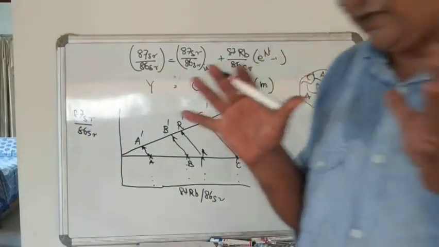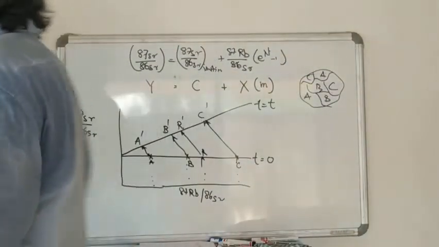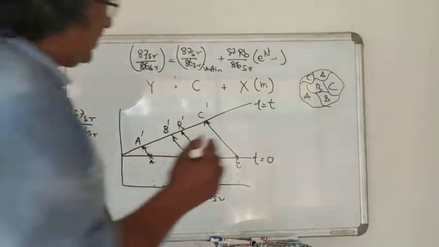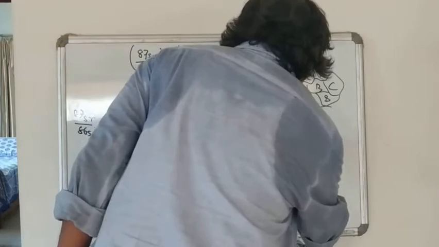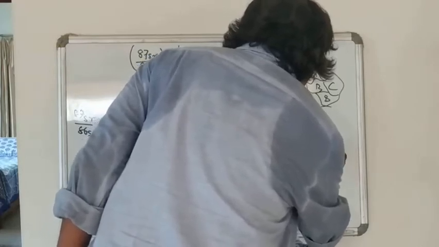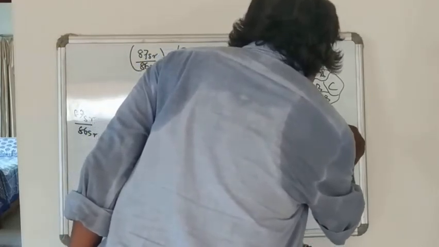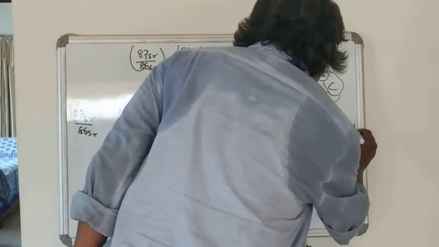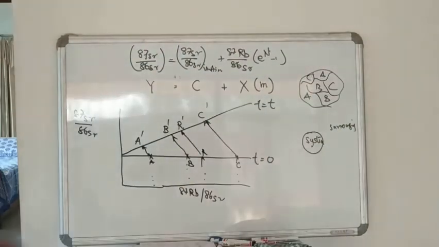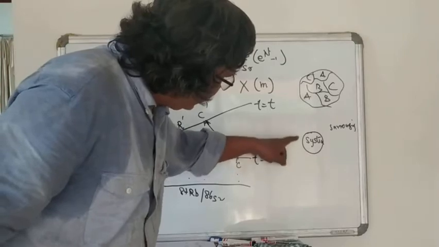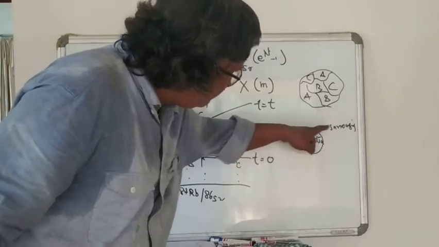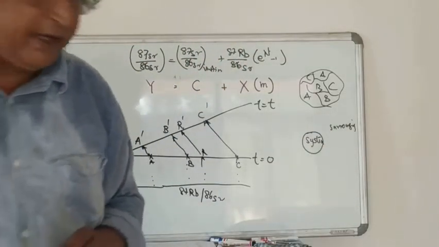Technically, if you have a closed system, thermodynamically you will have something called a system and something called a surrounding. You have an interface between the system and the surrounding.